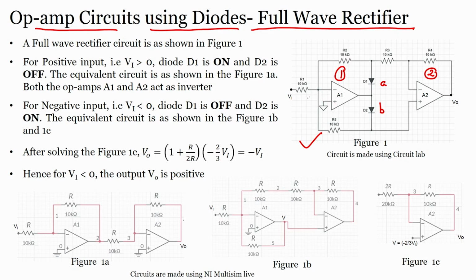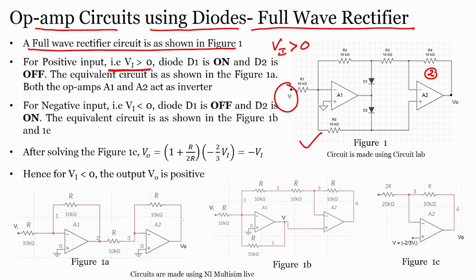See, the signal Vi is given to the inverting terminal of the op amp, an inverting amplifier, and let us see how this circuit operates. You can see the full wave rectifier circuit in figure 1, which is this one. For a positive input, that is Vi greater than 0, what will happen?